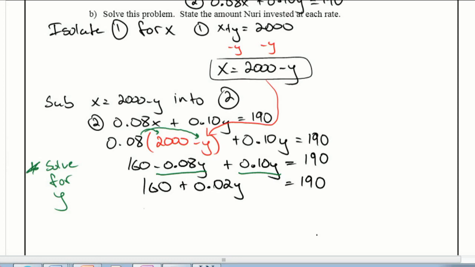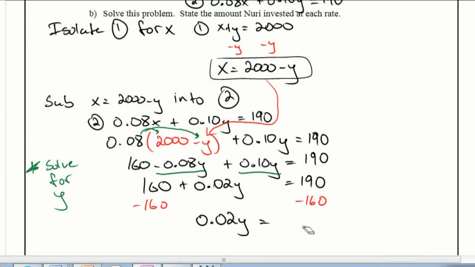All right, I'm trying to get y by itself, so I'm going to subtract 160 from both sides. So I get this 0.02y equals 190 minus 160, which is going to give me 30. And then I'm going to divide both sides by 0.02.